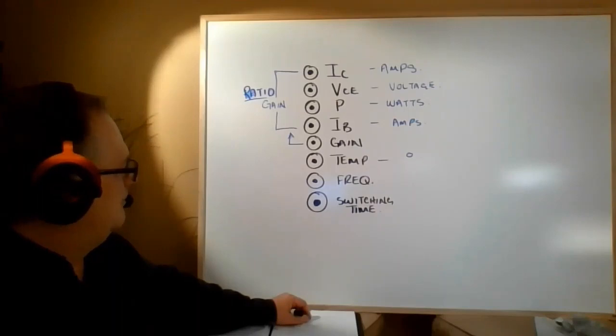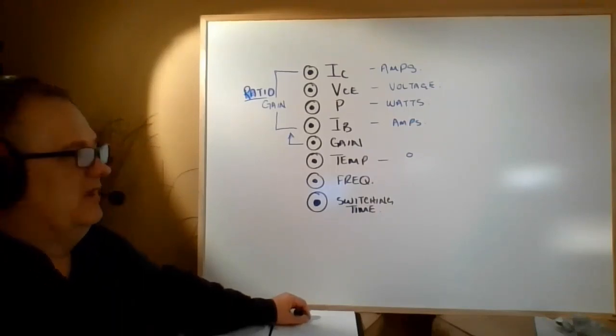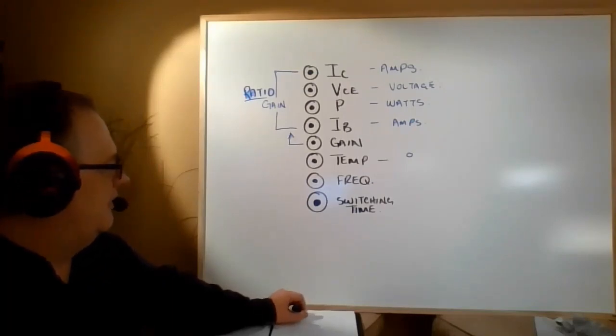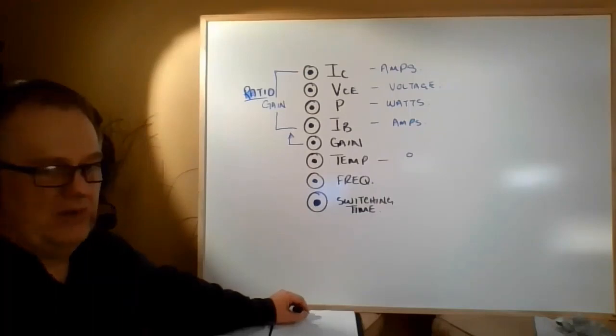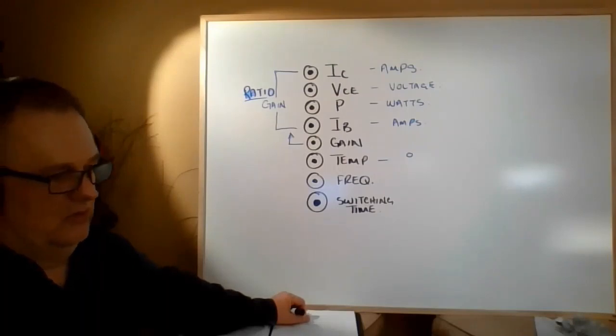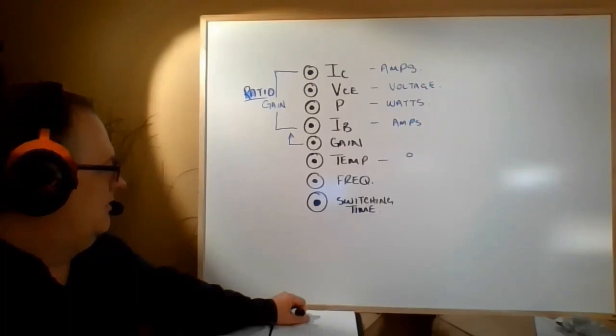All right, frequency. We know that in many cases we use these for switching, and there are two separate parts to this. First of all, there's the frequency that they can manage, whether it's in hundreds or thousands or millions of hertz that it can actually switch per second.